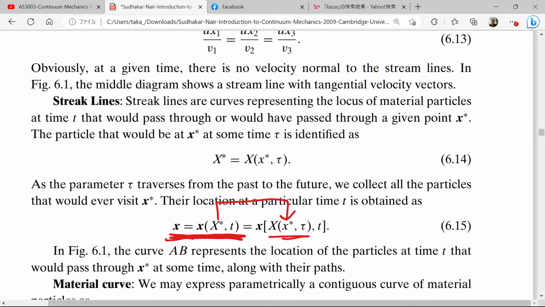As a parameter t traverses from past to the future, we collect all the particles that would ever visit small x star, and their location at a particular time is obtained. So we should cut here.